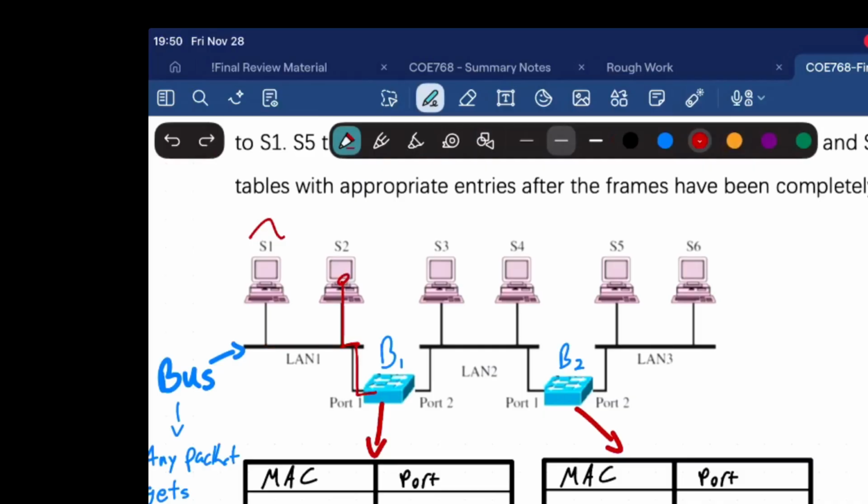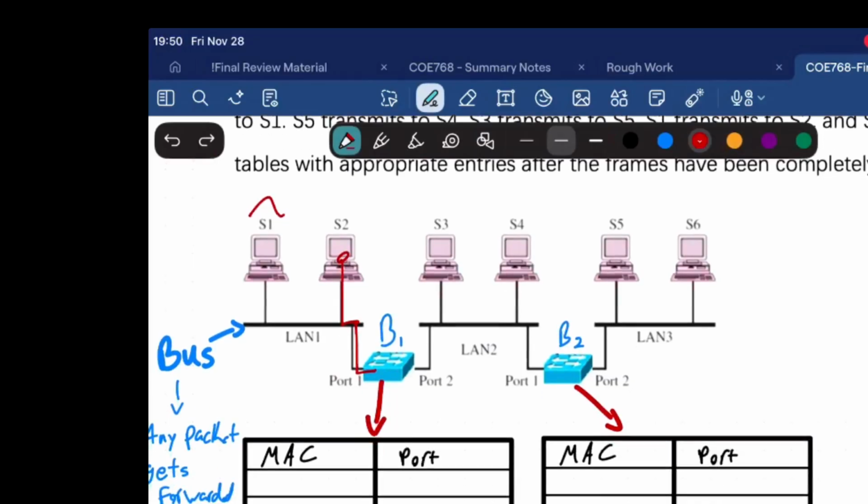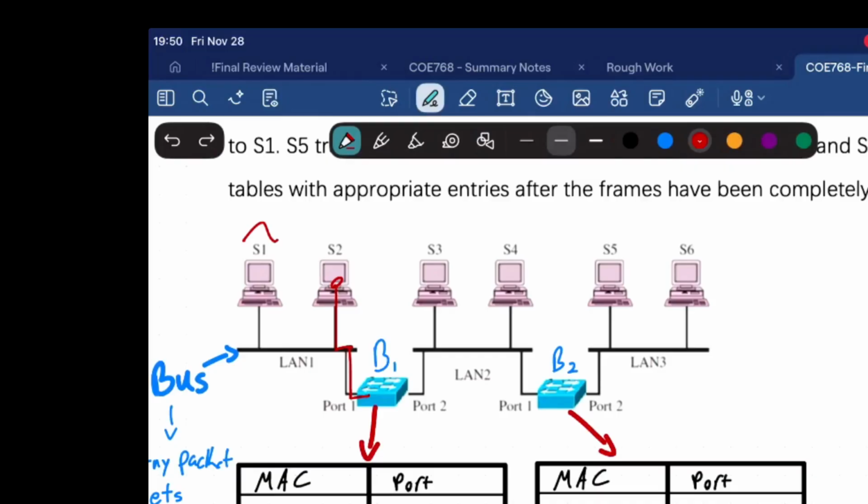It needs to follow the MAC address or switching protocols to end up getting there. So when this packet from S2 gets to B1, we know that B1's table is completely empty. Therefore, it will store the sender's information, so MAC address S2, on B1's port 1.